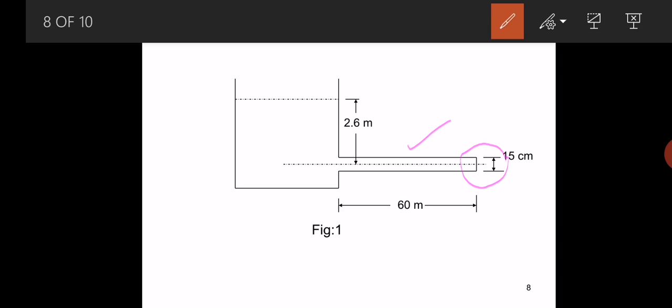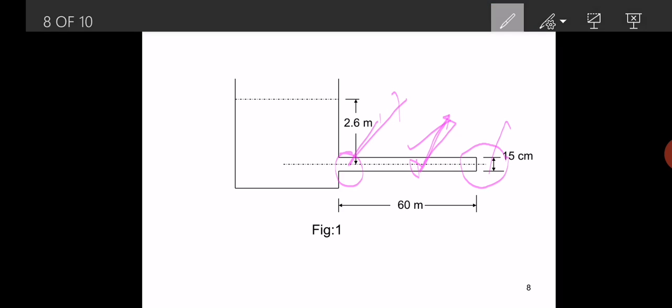The loss at the exit of the pipe, the loss at the entrance of the pipe, and the losses due to friction. While calculating the discharge, we should consider these three losses in the pipe. This is the entrance of the pipe, this is the exit of the pipe, and this is the friction in the pipe. First of all, you have to write the formulas for the different losses.